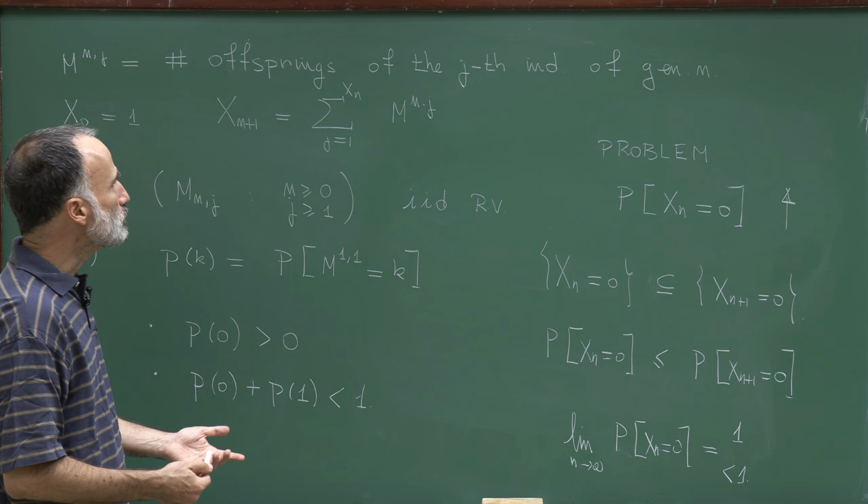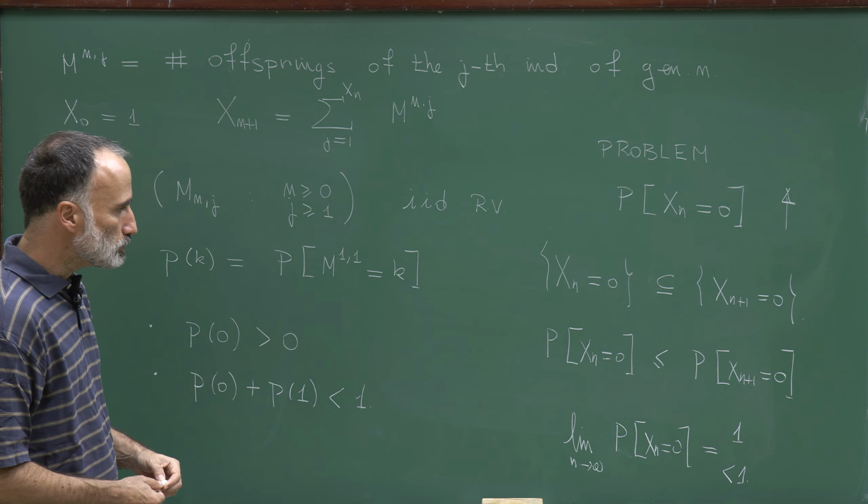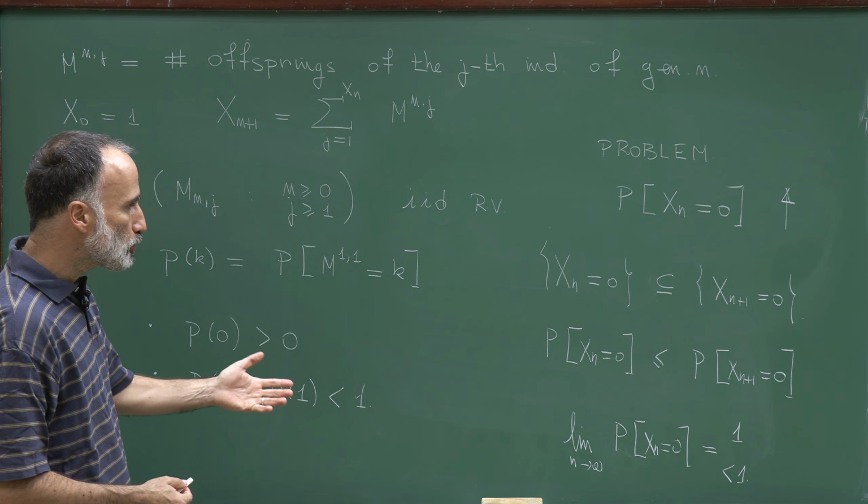And let me mention that this problem was proposed at the end of the 19th century by Galton and Watson. They were investigating the surnames of aristocratic families in Great Britain, and they realized that the number of surnames was decreasing in time, and so they wanted a mathematical model to explain this phenomenon.